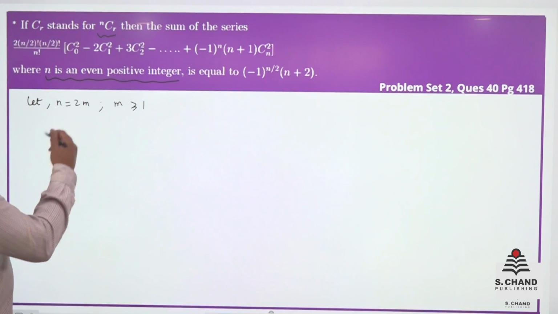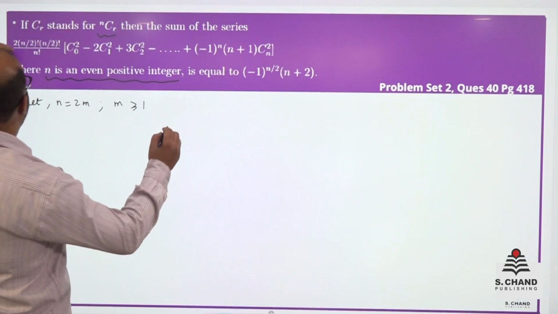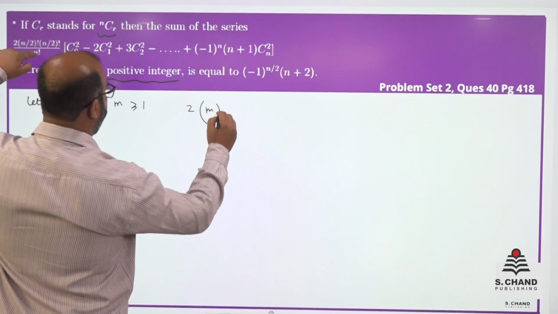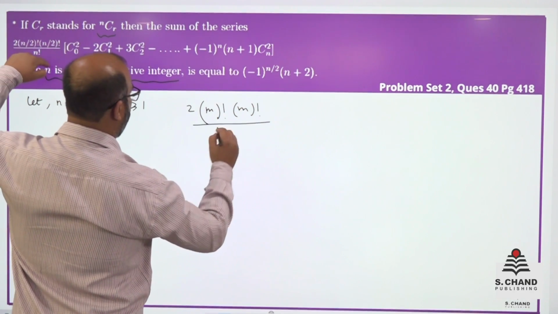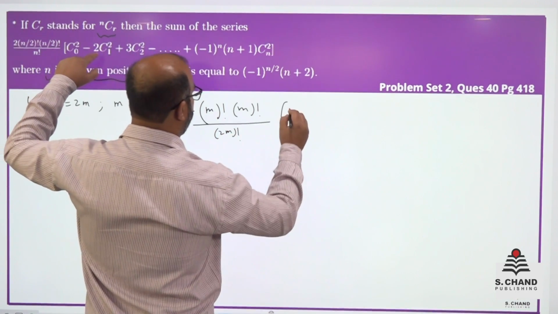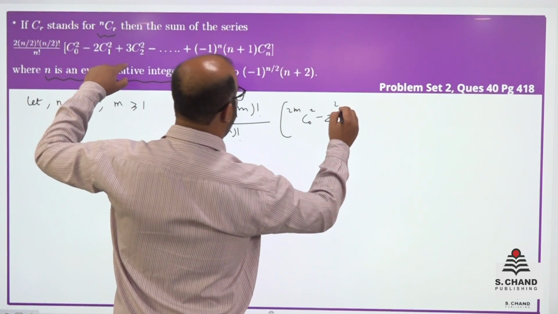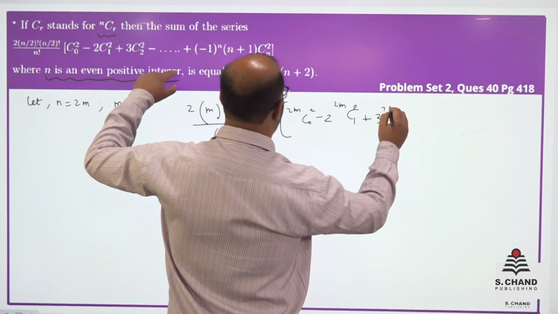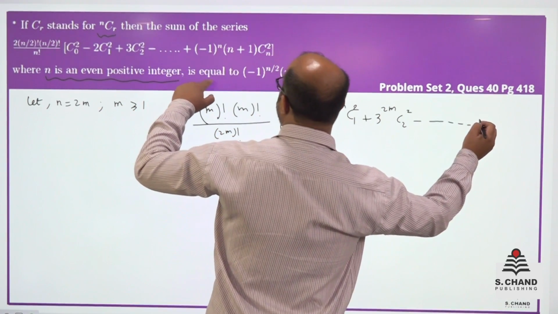So n is equal to 2m, and now let us make the question like this: 2 into m factorial into m factorial upon 2m factorial, and this is 2mC0 square minus 2 into 2mC1 square plus 3 into 2mC2 square minus, till the last term.